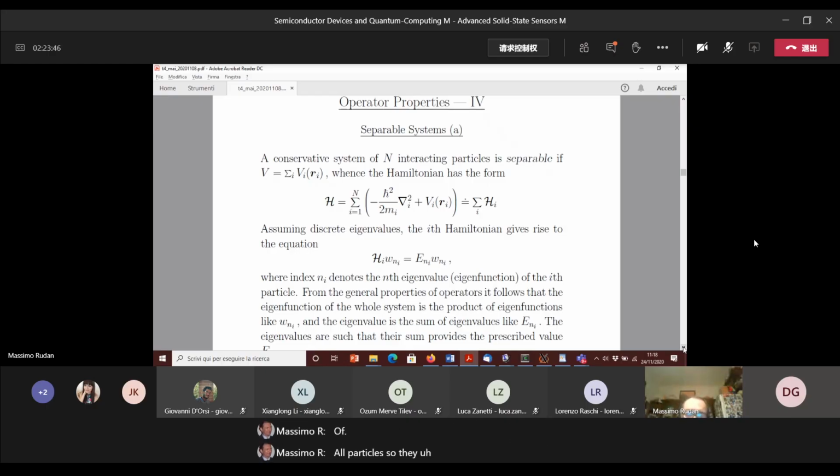So they apply to all particles. These eigenvalues are the eigenvalues of each particle of the system, and these eigenfunctions are the eigenfunctions of each particle of the system. This is what is typically done in crystals, and of course, the solution of the problem is made much easier by this separability property.